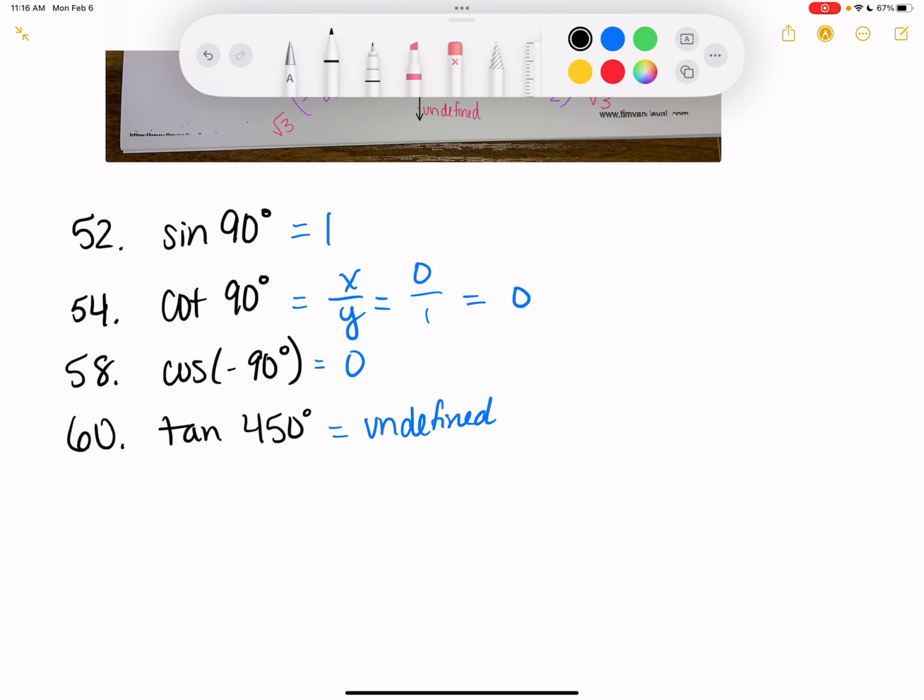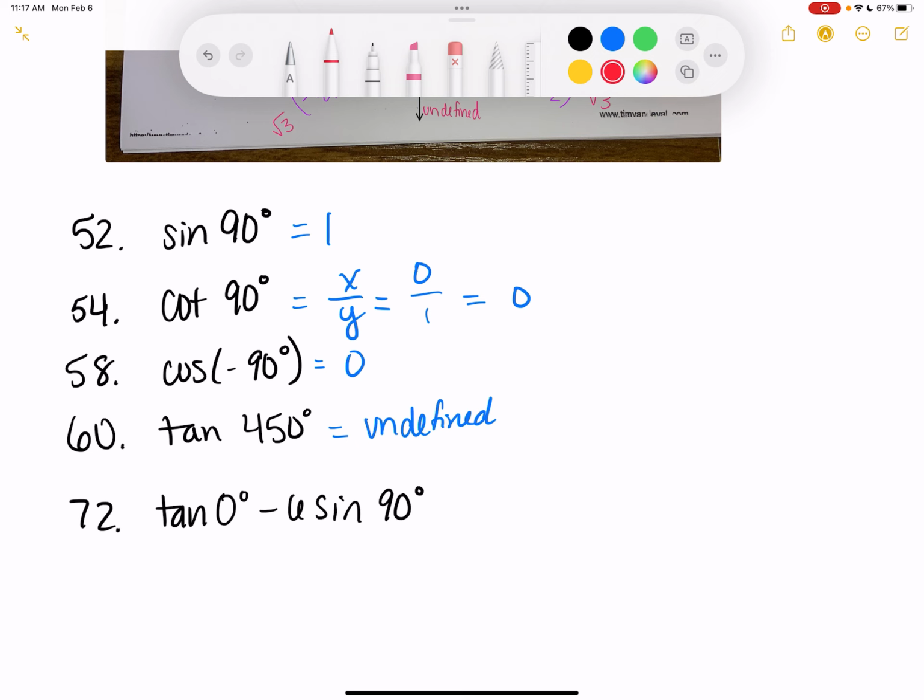This is just 5.2 examples continued. Use trig function values of quadrantal angles to evaluate each expression. So if you had something like tangent of 0 degrees minus 6 sine of 90 degrees, we just have to evaluate.